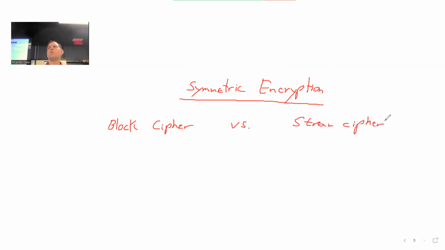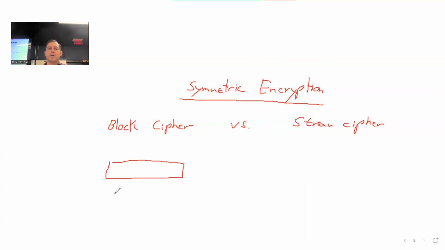Okay, so what was the difference between these? Yeah, please. Block of some length. Yep. And then stream cipher is bit by bit or by byte, yeah. So you just a shorter thing of 1 byte.